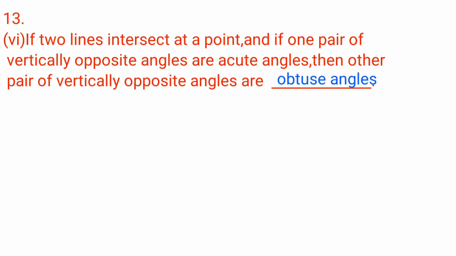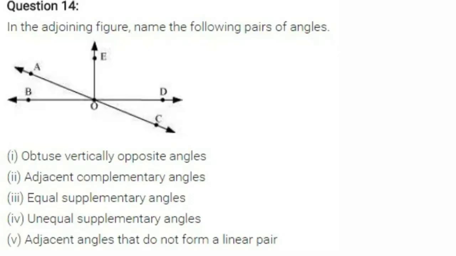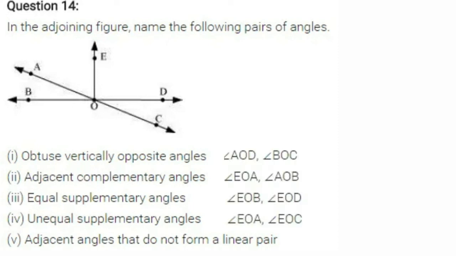Now come to your next question, that is your question number 14. In the adjoining figure, name the following pairs of angles. Here, obtuse vertically opposite angles, that are angle AOD and angle BOC. Adjacent complementary angles, that is angle EOA and AOB. Then III bit, equal supplementary angles, that are angle EOB and EOD.